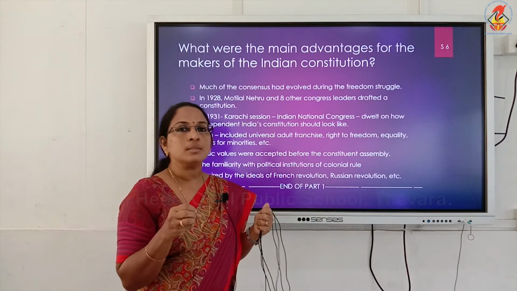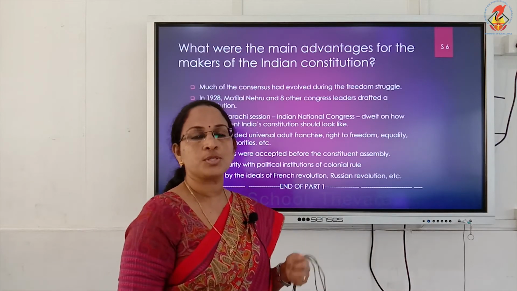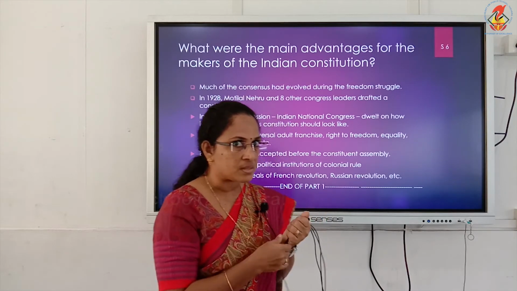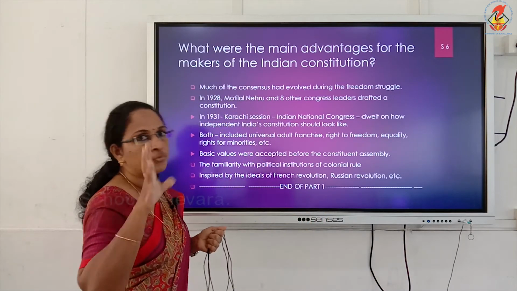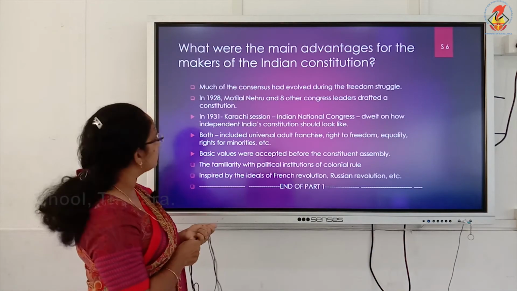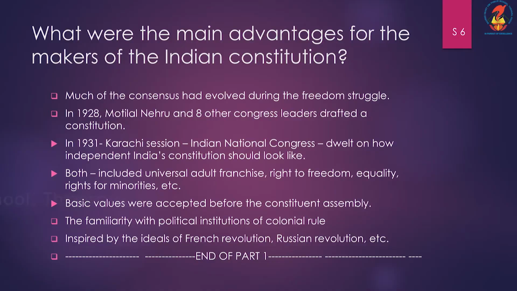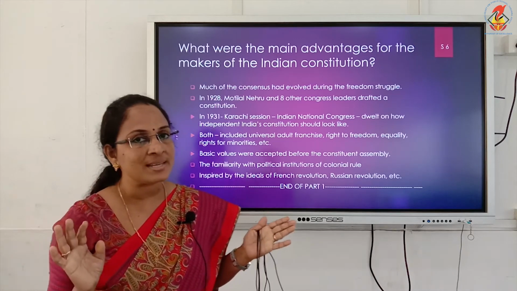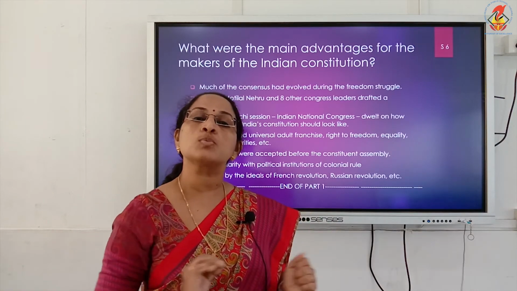All these values are there in the Constitution, so these documents helped the constitutional framers. That's the second advantage: basic values were accepted before the Constituent Assembly. Before the election of the Constituent Assembly, basic values were accepted.